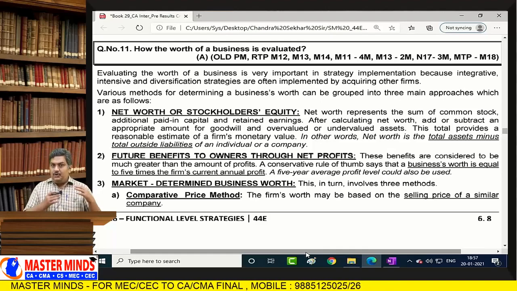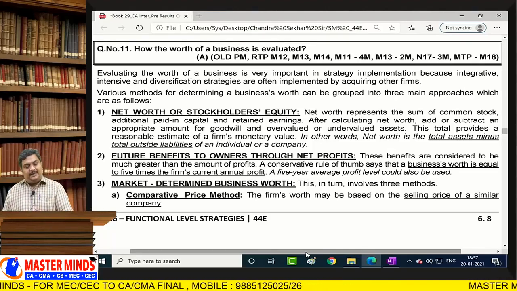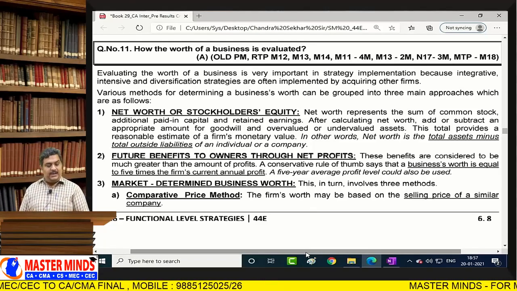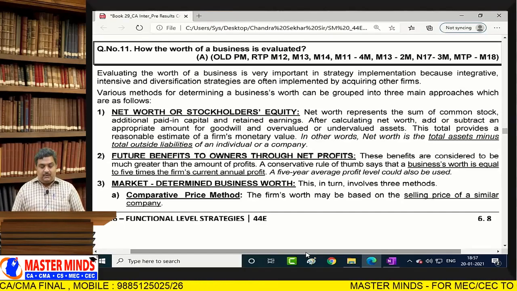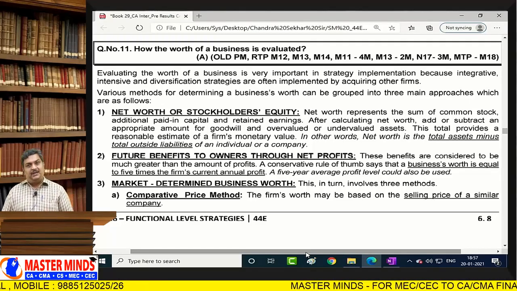The second one is future benefits to owners through net profits. Here we will use some 5-year average profit level to find out the net worth of the company.